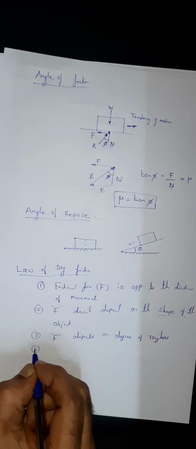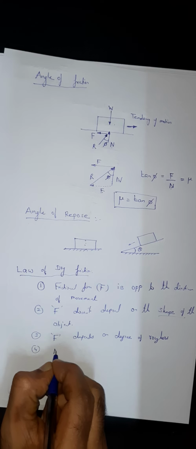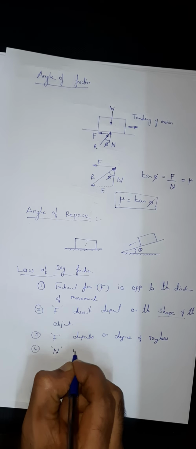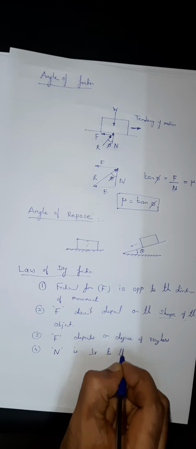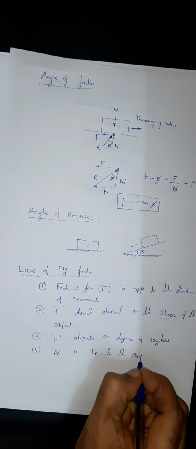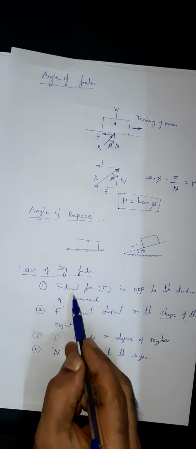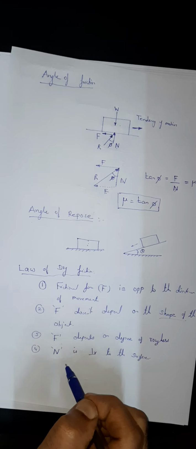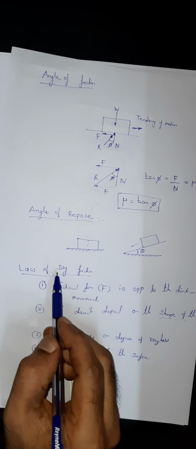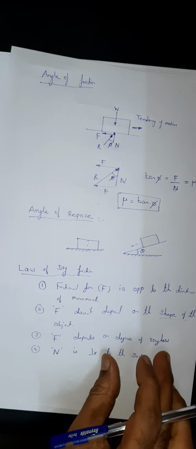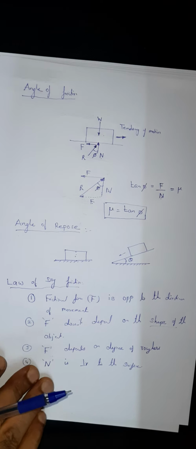The fourth one, normal reaction, which is N, is perpendicular to the surface. Perpendicular to the surface. So you'll have to remember all the 4 points to solve a problem from the topic friction. Right.